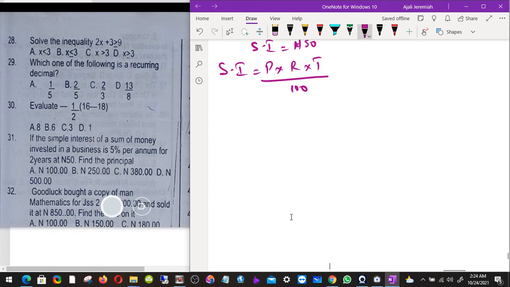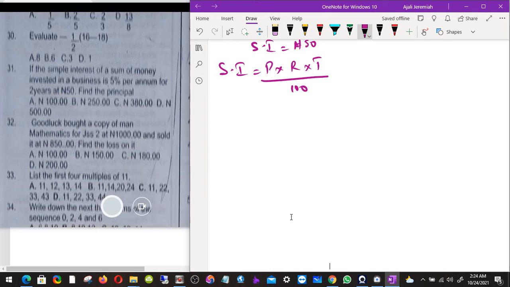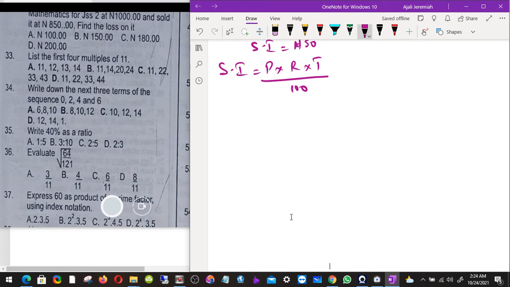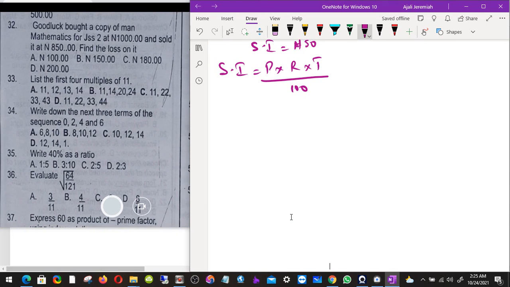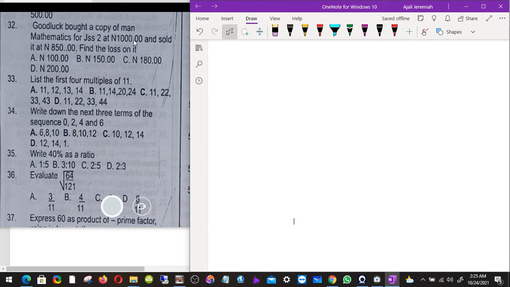Number 32. Good luck bought a copy of Mathematics for 1,000 naira and sold it at 850. Find the loss on it.